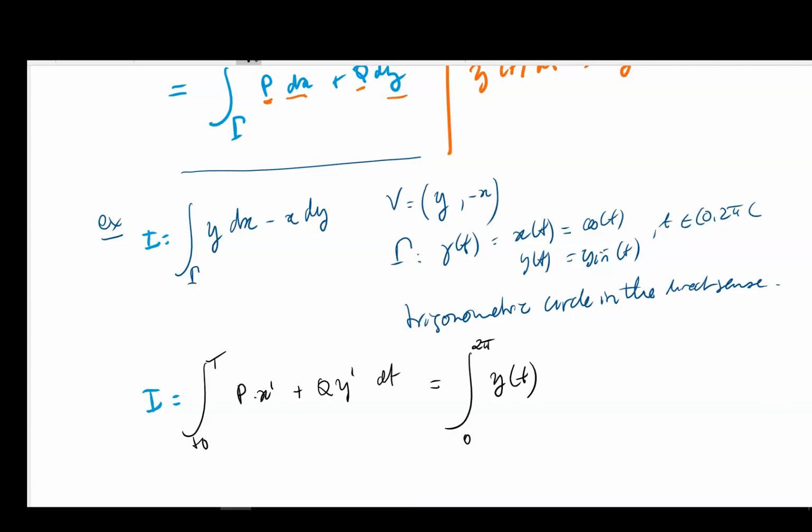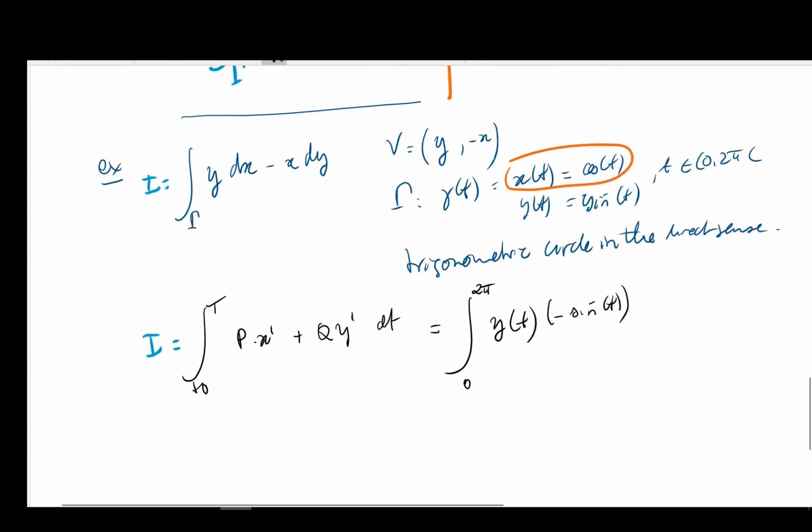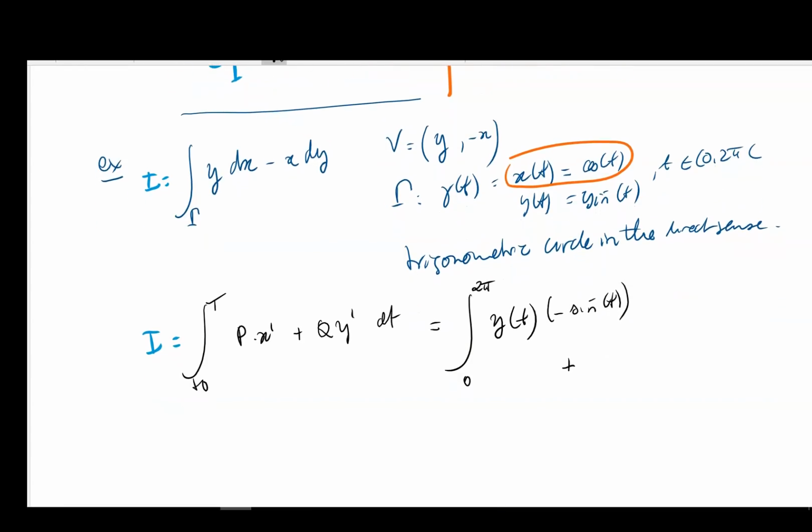X prime is the derivative of the x we have here, so it's simply the derivative of cosine, so minus sine of t, plus q, which was minus x, which we must not forget depends on t, times y prime of t, which is the derivative of the sine, so cosine of t dt.